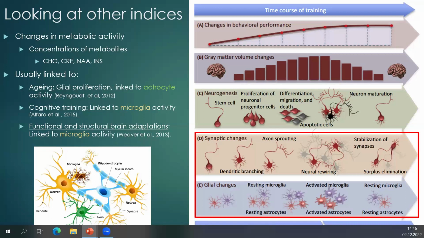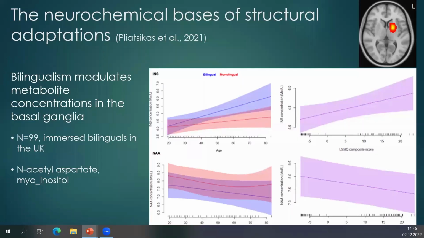Well, we know that aging increases some of these metabolites, and that's related to glial activity. What we care about is the functional and structural adaptations, which are related to training in our case, and how they change those concentrations, and whether this links to microglia activity. So the way to do this is to use a specialized MRI sequence for magnetic resonance spectroscopy, or MRS.